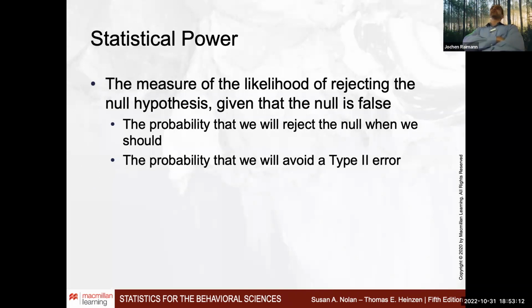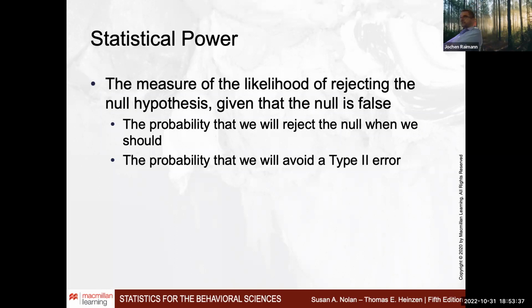Good. So we have discussed a type 1 error. We have discussed the type 1 error as an acceptable error if it is not exceeding that 5% threshold, the so-called alpha. With the type 1 error, we're rejecting something that should not be rejected.